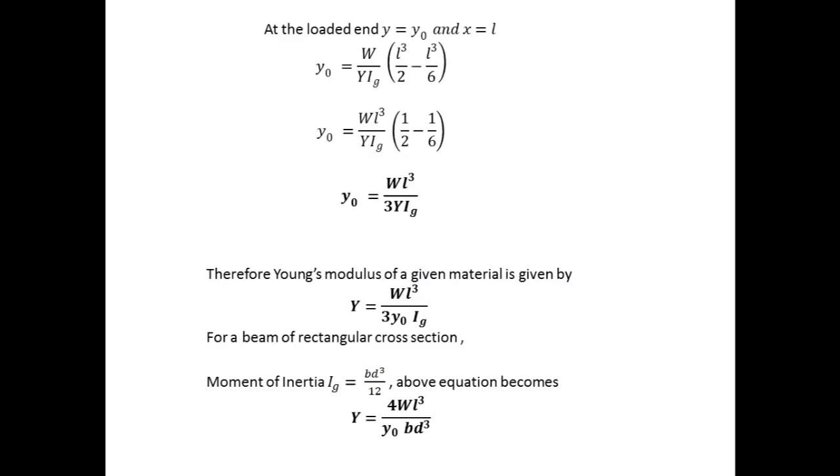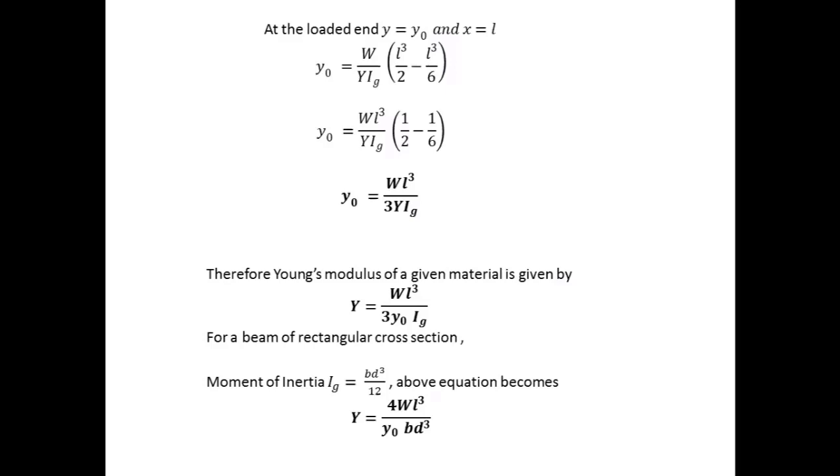Now please note here, y naught is the depression at the free end, W is the weight attached at the loaded end, L is the length of the beam, Y is the Young's modulus, and Ig is the geometrical moment of inertia. Using this expression, one can also find out the Young's modulus of the beam. So arranging this equation, one gets Young's modulus Y as WL cube upon 3 y naught Ig.